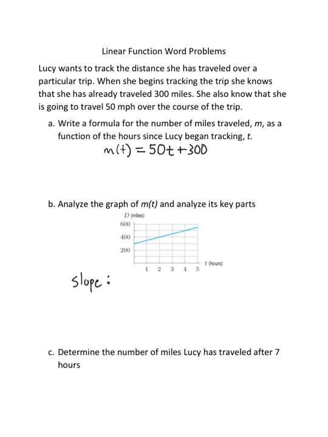For each additional hour, how much has the distance changed? Well, if at 0 hours, she's at 300 miles, at 1 hour, she's at 350, at 2 hours, she's at 400, we should note that the slope here is 50, which matches our function, that she is traveling 50 miles for each hour.